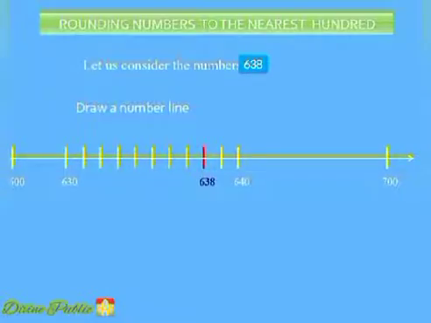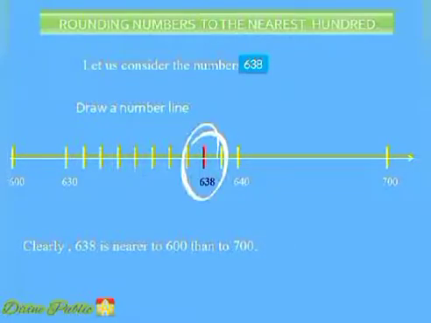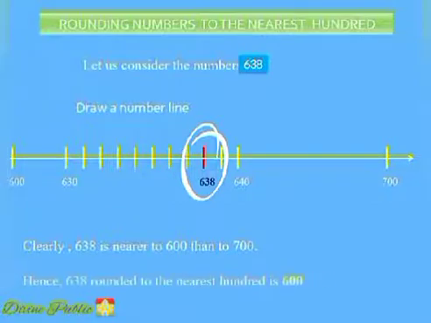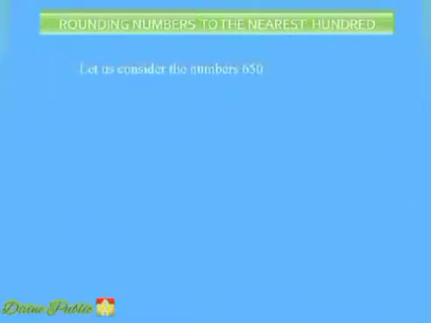Observe this number line. After observation, it is clear that 638 is nearer to 600 than to 700. Hence, 638 rounded to the nearest 100 is 600. Let us see another example, 650. To solve this, firstly we will draw a number line.